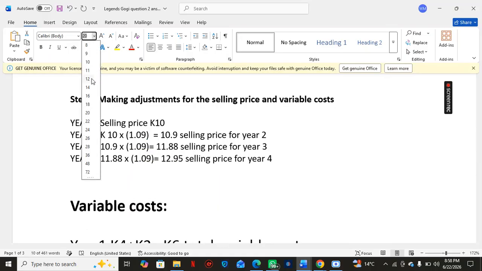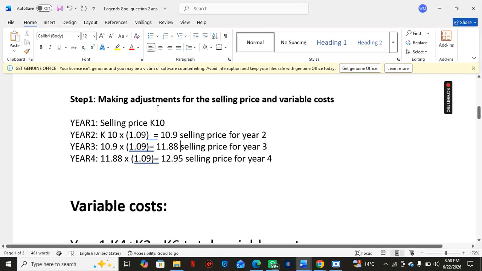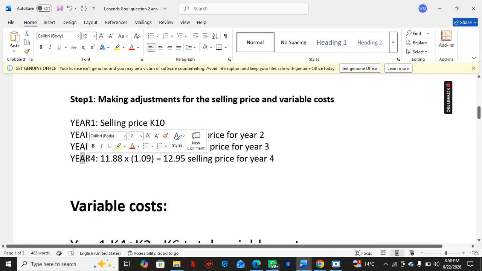Okay, right now we're under step 1. We're making adjustments for the selling price first. Remember the selling price is increasing by 9%. So we have found the selling prices. We are now on year 4.